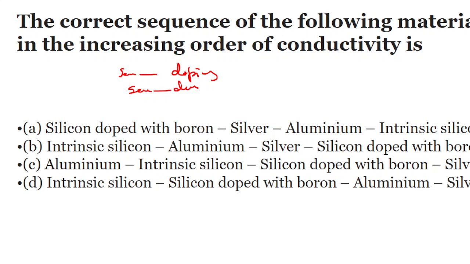In the given option, the doped material is given at first position. This is not the right answer. Then aluminium and the silicon is given, this is not the right answer. Then aluminium and intrinsic, this is not also. Then the remaining is the option D, a material and then doped with some other material, and then aluminium have less conductivity than the silver have the highest conductivity. So option D is the right answer.